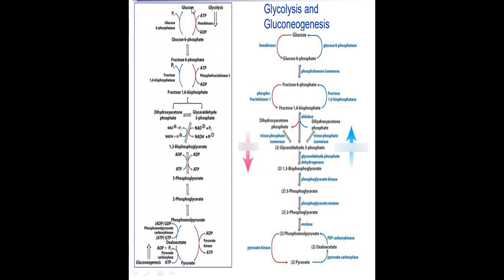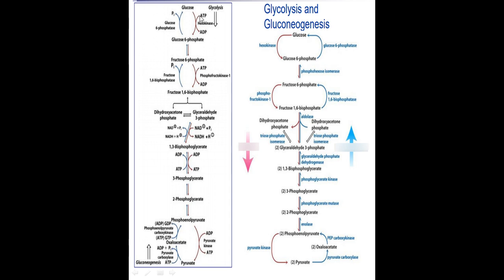The kinase enzyme, hexokinase, always adds a phosphate group from an ATP. Every enzyme called kinase adds a phosphate group from ATP to a substrate residue. So in the glycolytic pathway, the first step is addition of the phosphate group from ATP to glucose to form glucose 6-phosphate.